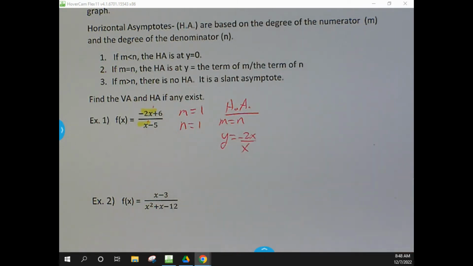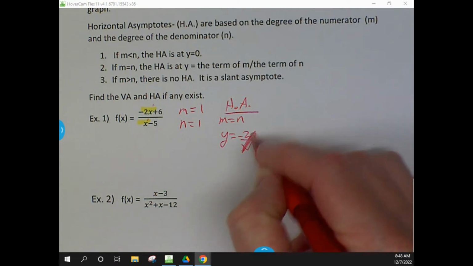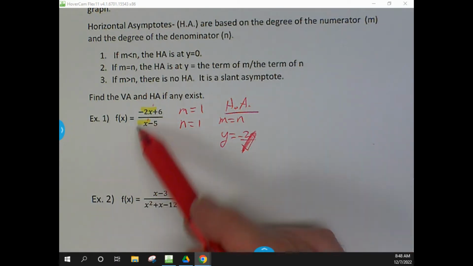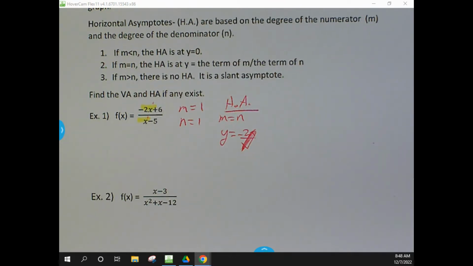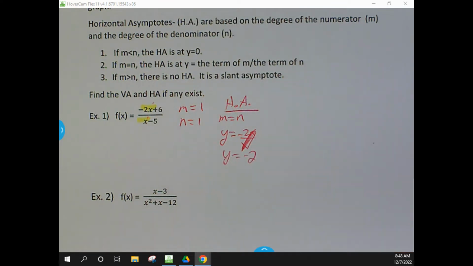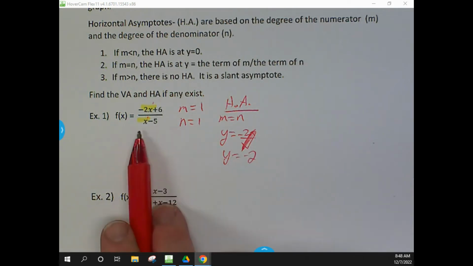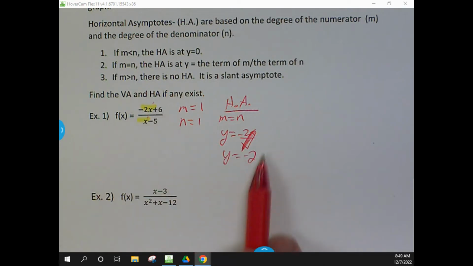If the degrees are the same, of course the x's are just going to cancel each other out, and whatever coefficients you have left over are going to be your horizontal asymptote. So you're going to have a horizontal asymptote at y equals negative 2, because it's negative 2x over x. If you cancel out the x's, it's negative 2 over 1, which is basically just negative 2.